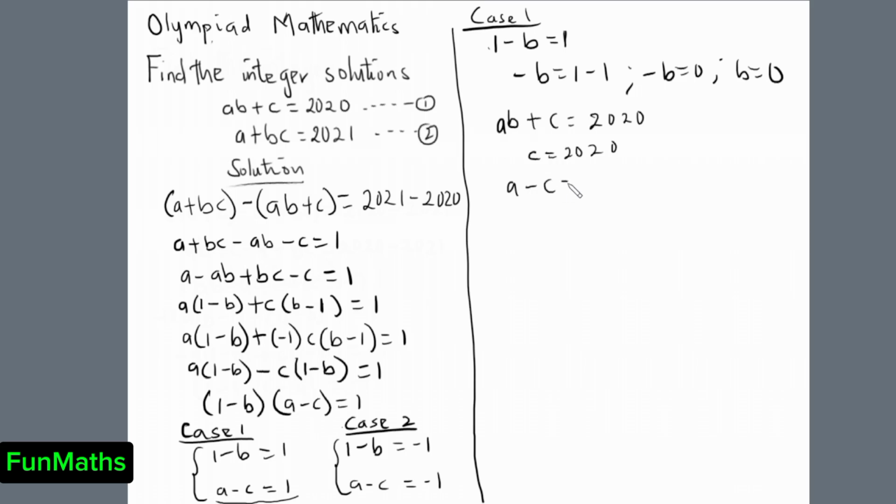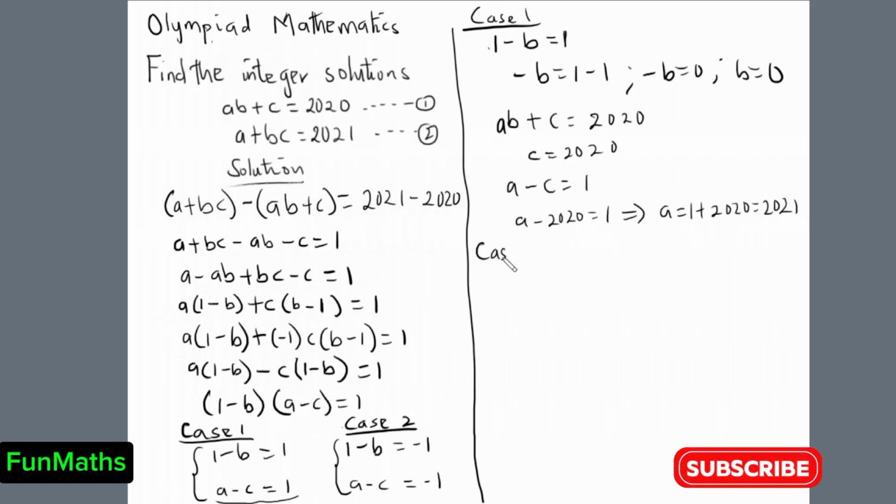So A minus 2020 is equal to 1. This implies that A is equal to 1 plus 2020, which is 2021. So for case 1, A is 2021, B is 0, C is 2020.